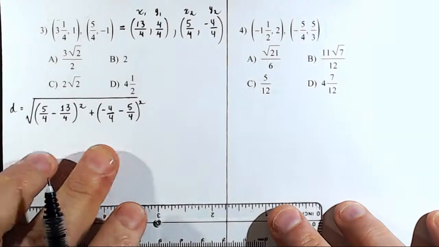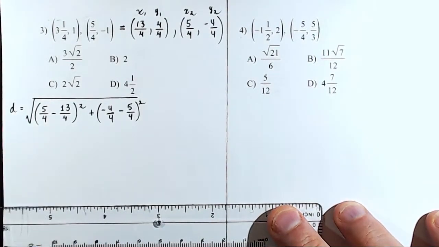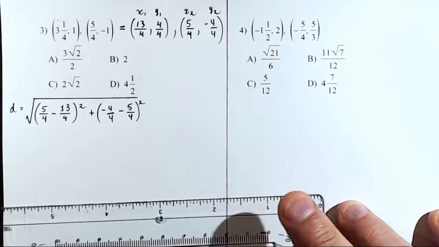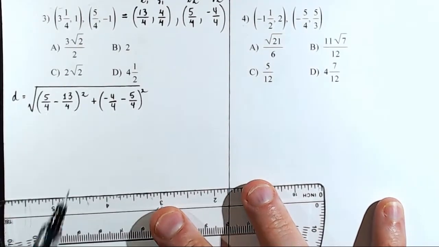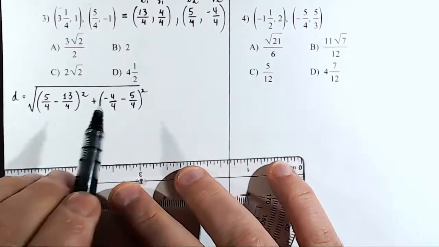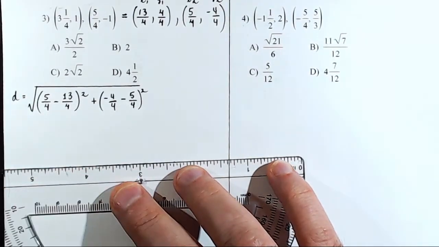Because we took that step in getting the common denominators, we can go ahead and subtract. 5 minus 13 is negative 8, and negative 4 minus 5 is negative 9.